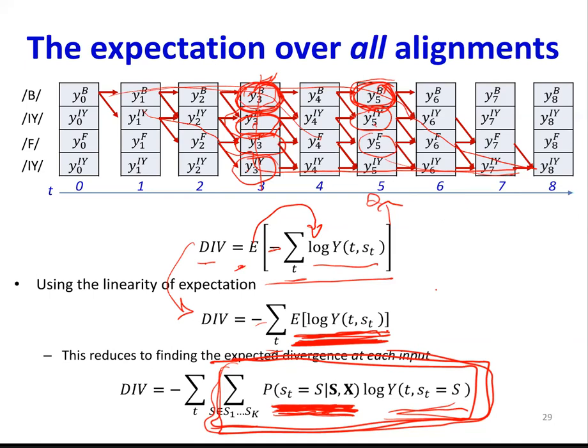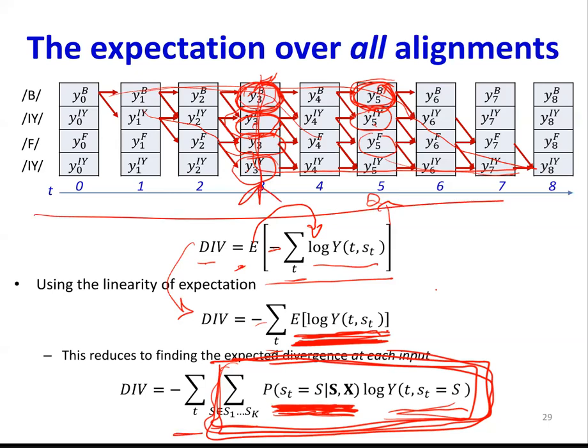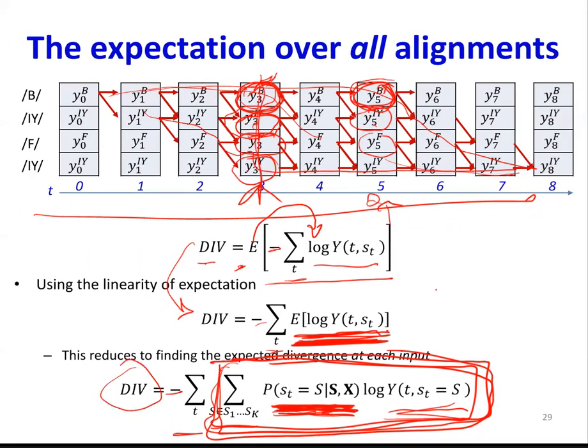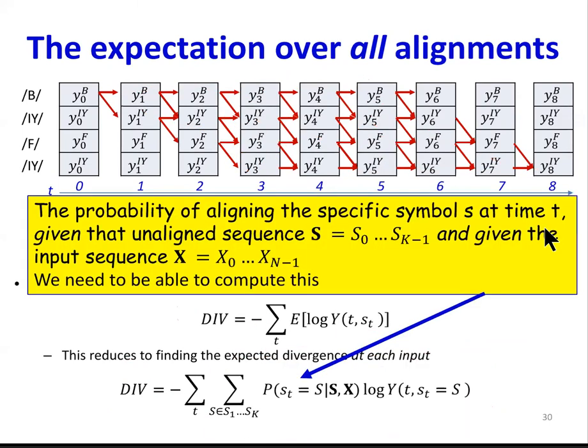So let's focus on this equation again. We want to compute the expected divergence for each time. You want to sum this over all time. The negative of that is the overall divergence that we want to minimize, right? And what is the missing term over here?